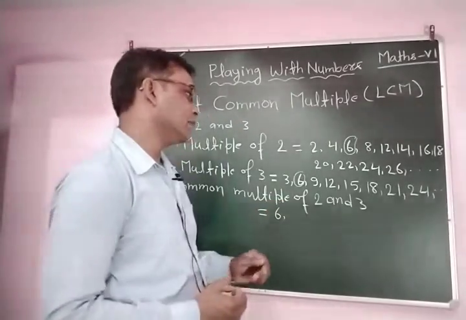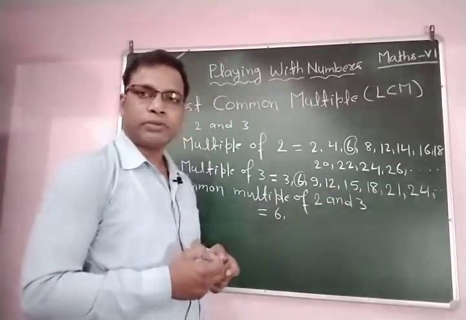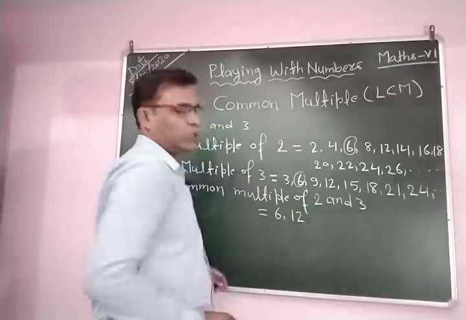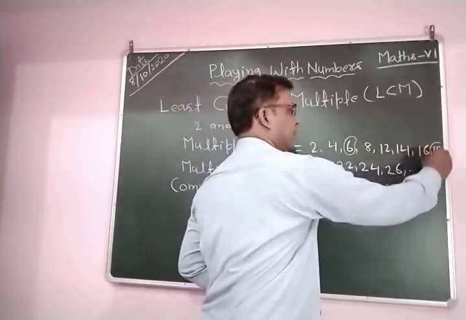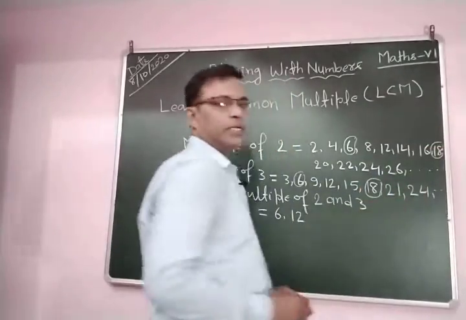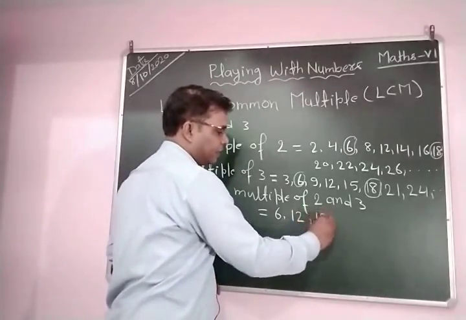After this, next 12, 12. 12 is also a multiple of 2 and 3. So you write here 12. Next is 18. You can see here 18 and here also 18. It is a multiple of 2 and 3. So we write here 18.